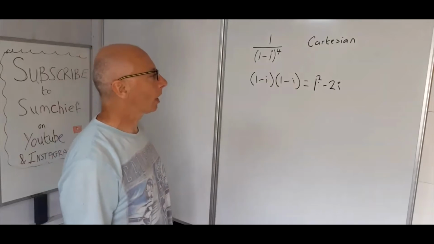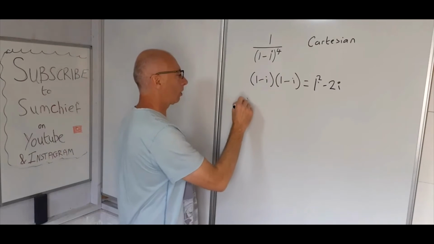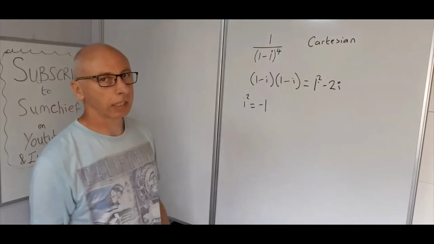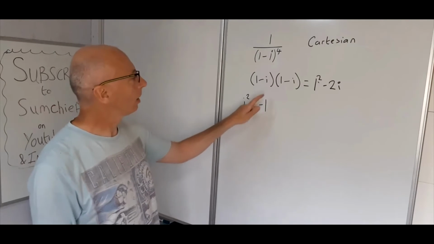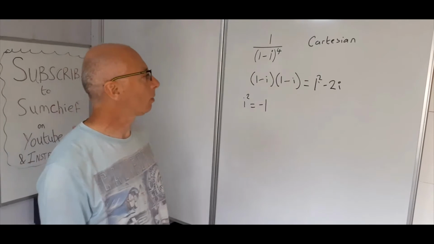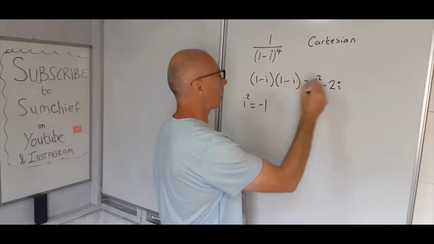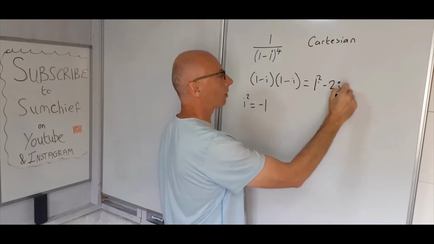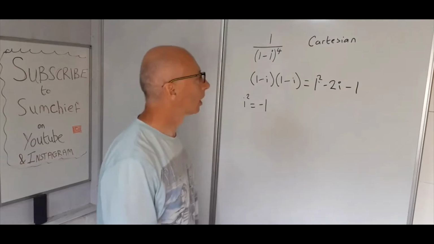So we just have to be a little bit careful with this one. So i squared we know is minus 1. That's standard in complex analysis. And then two minuses make a plus. So basically we've got minus 1 times minus minus, which will leave us with minus 1.